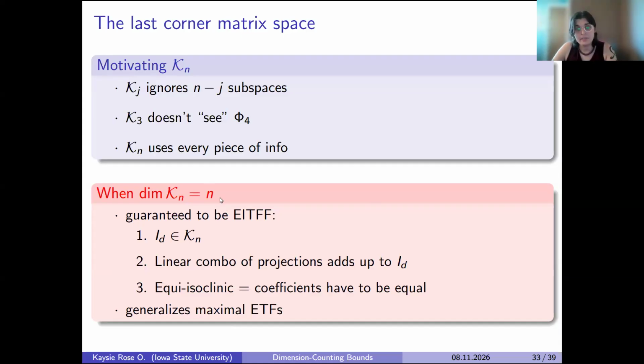And if we achieve equality in the dim Kn bound, in the last bound, we do get some good properties. We get automatically that we're a tight fusion frame. So we automatically achieve that Welch bound. We automatically have the best possible coherence. The reason why is just, hey, the full identity is in Kn.